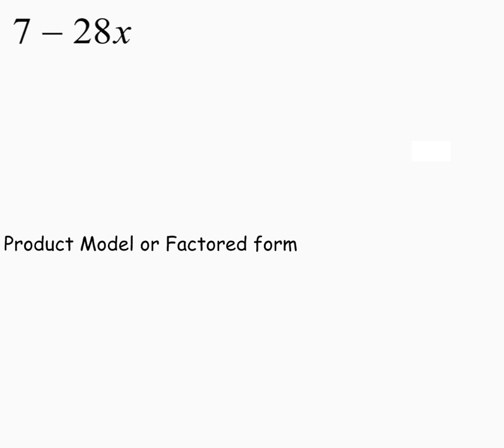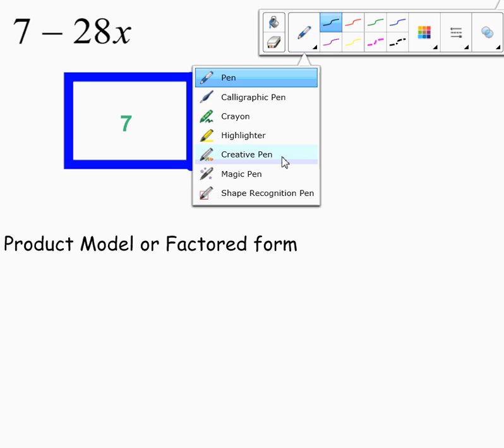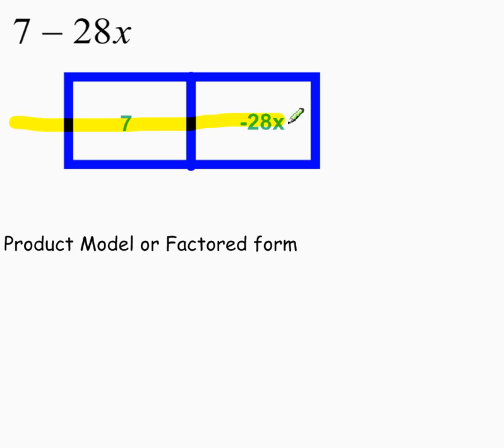Let's look at another example. Here's 7 minus 28x. First thing I need to do is draw a box. Now I have 2 terms, so I'm going to divide my box into 2 pieces, and put my sum inside, 7 and negative 28x. Again, I'm going to pay attention to going horizontally.